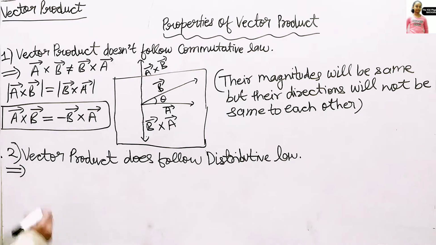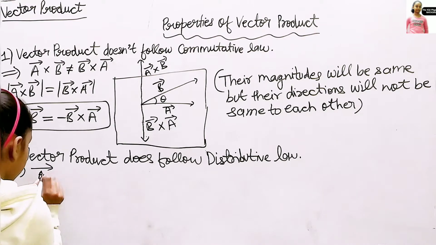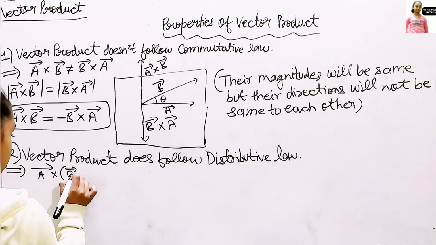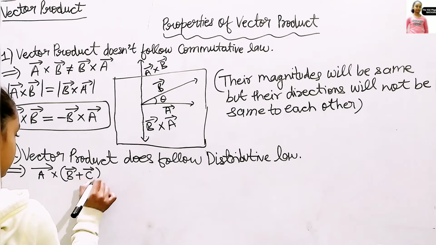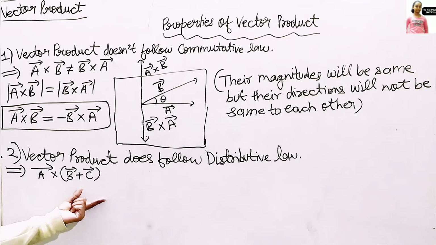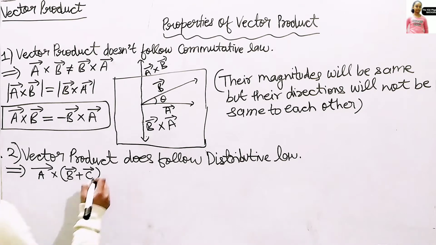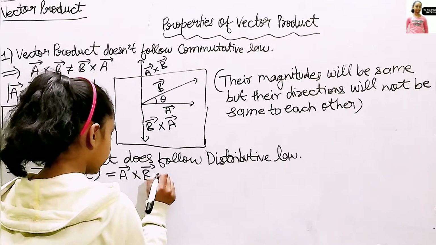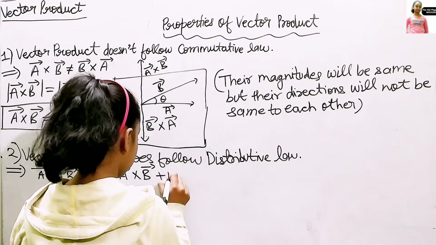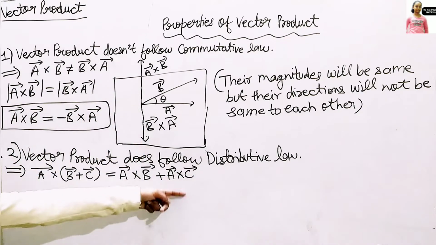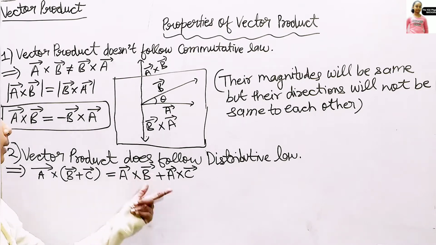So let's take vector A cross vector B plus C. In distributive law we will write it like this: vector A cross B plus vector A cross C. Let me show you how.